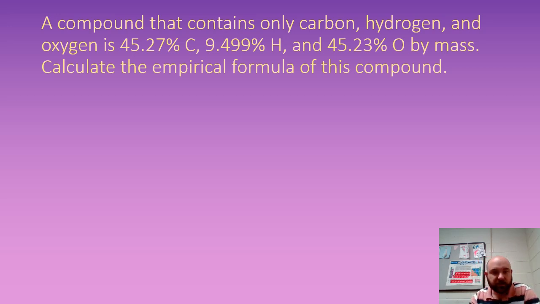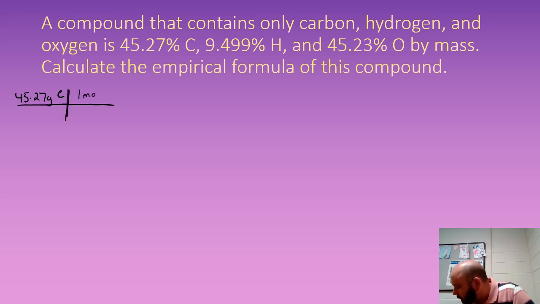And so if we're going to set up our conversions, we would say we have 45.27 grams of carbon. We multiply that by the fact that 1 mole of carbon has a mass of about 12.011 grams.